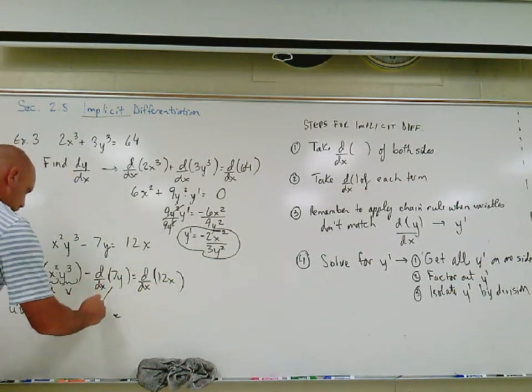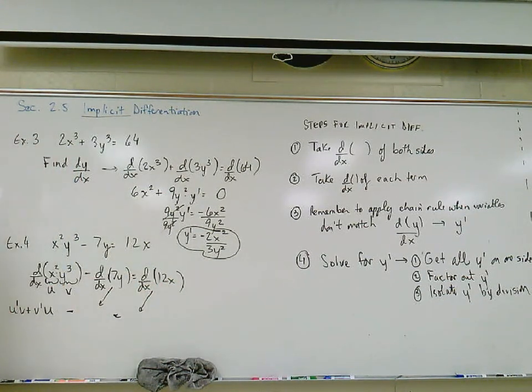So these two, I can go ahead and take those derivatives and put them there. Now I need to go to the side and find u prime and v prime, again with respect to x. U is x squared, what's u prime with respect to x? V is y cubed, what's v prime with respect to x?